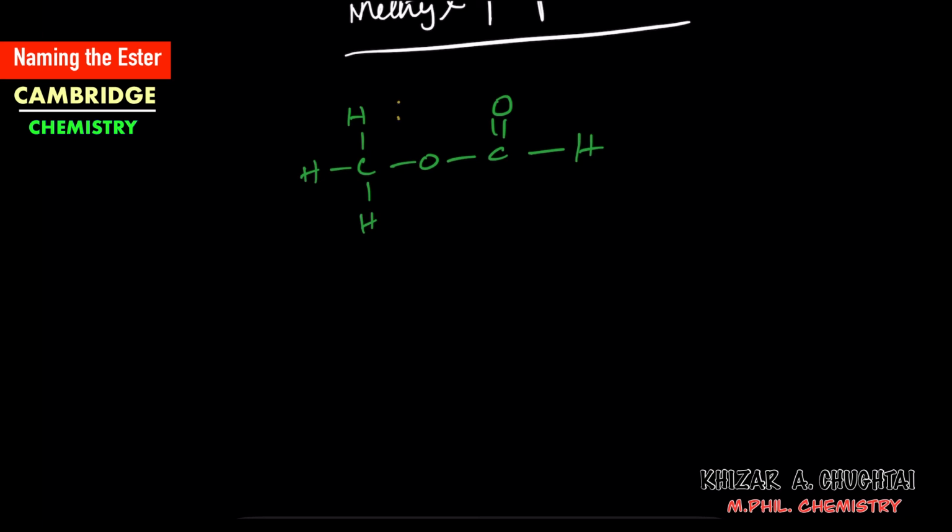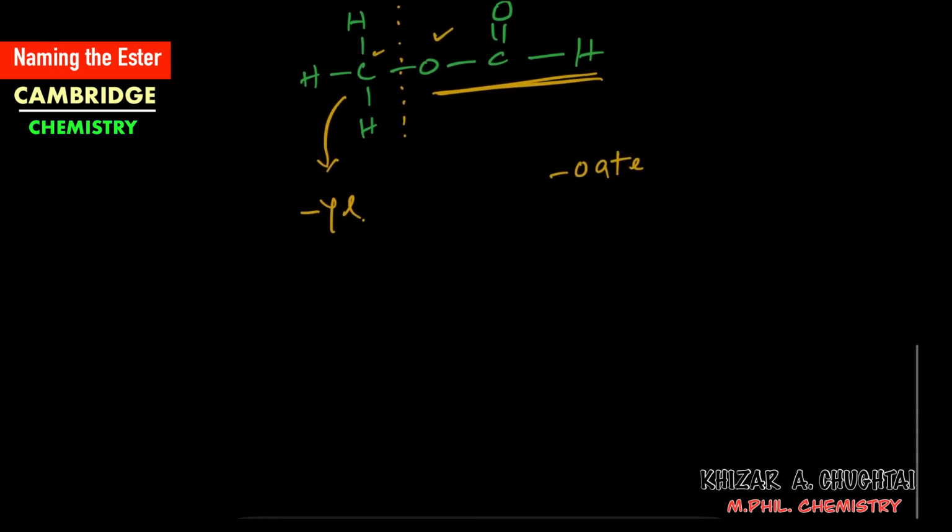From C single bond O, I will cut from here because both oxygens must be on the same side. This comes from alcohol and its ending will be YL, and this comes from acid and its ending will be OATE. How many carbons are there? Only 1 carbon, so its name will be methyl.